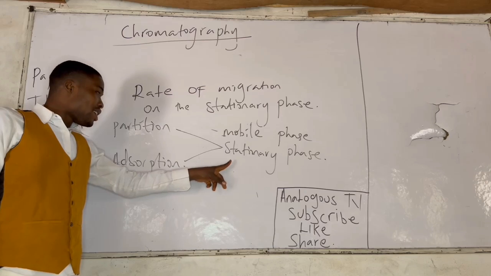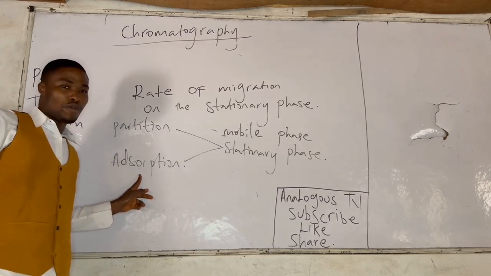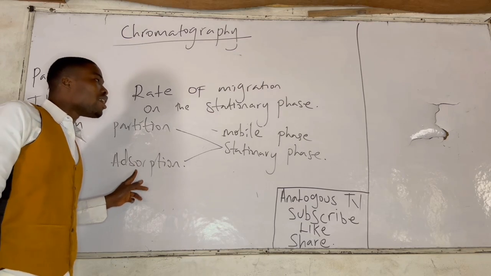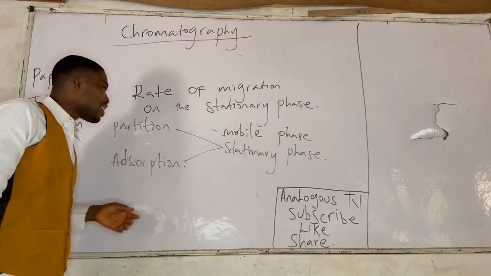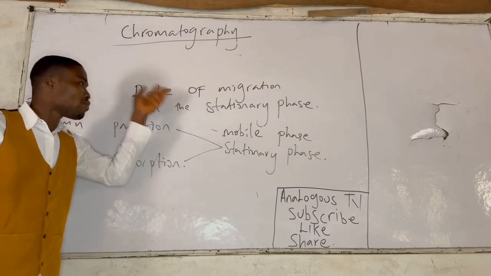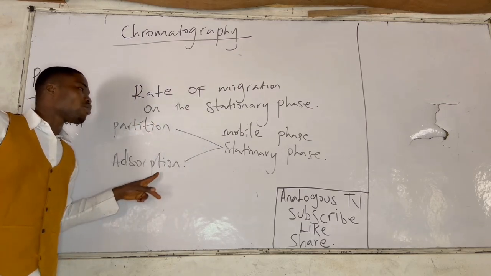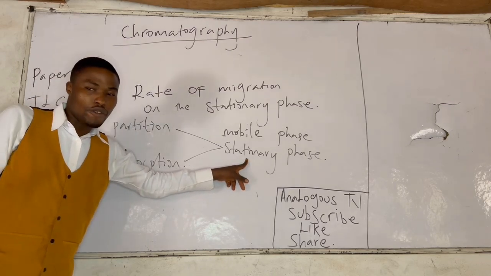When the stationary phase is solid, it is said to be adsorption chromatography. Various chromatography techniques can be classified into any of these classes: liquid or gas chromatography based on the mobile phase, or partition or adsorption chromatography based on the stationary phase.